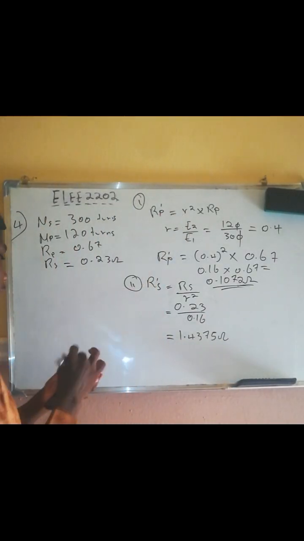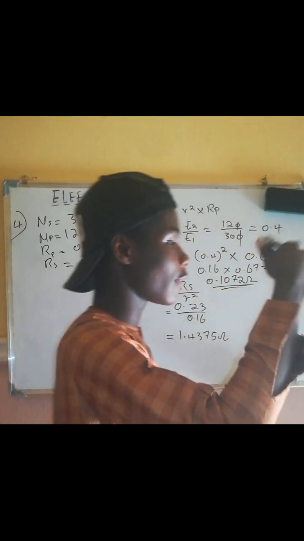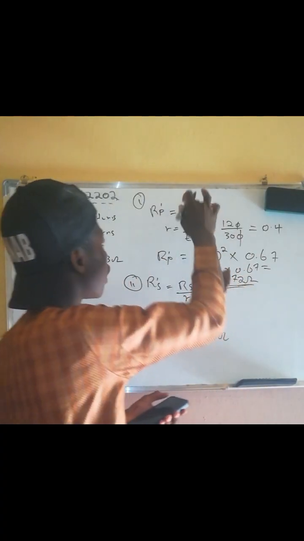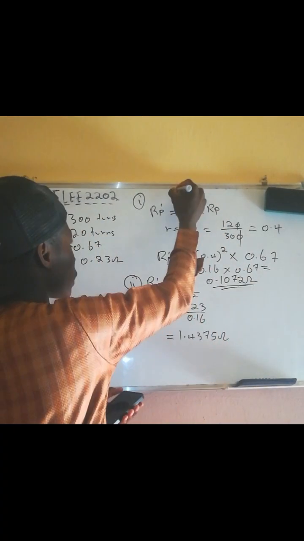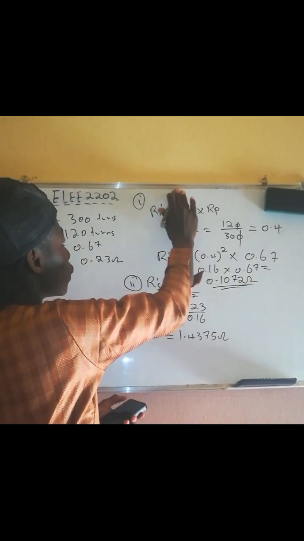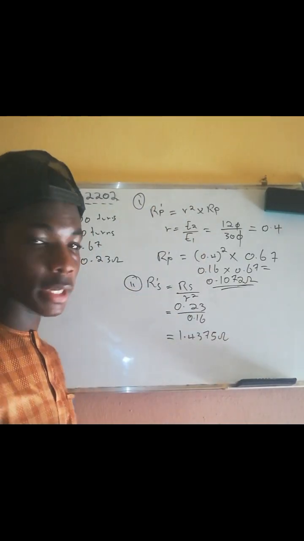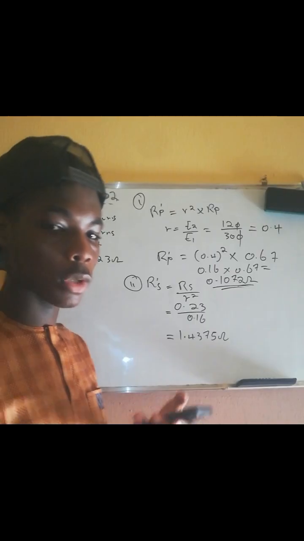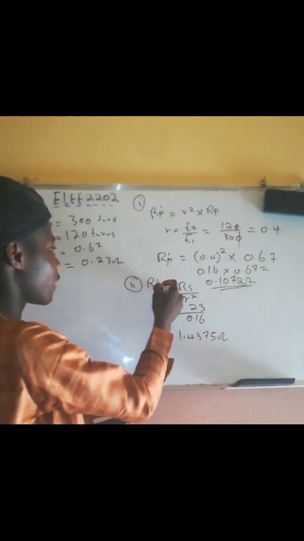So therefore we find the equivalent resistance of the primary referred to the secondary. That's why we have Rp prime, because we are first looking for the primary, and then the secondary referred to the primary.